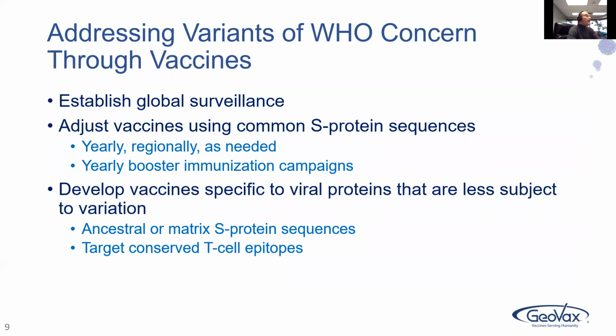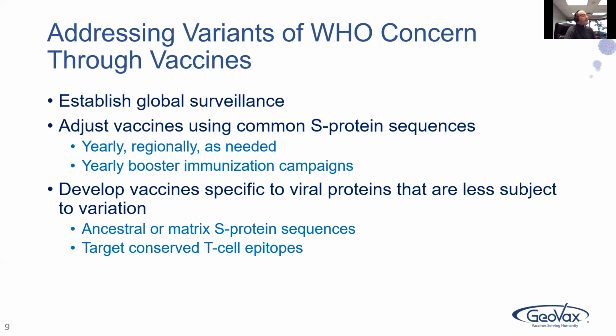So this might require yearly or regional campaigns to adjust the virus vaccine, and theoretically would involve yearly booster immunization campaigns. So again, similar to something that we see for influenza. But the COVID vaccine, or COVID-2, seems to be mutating even more quickly than influenza. So it's a significant concern.